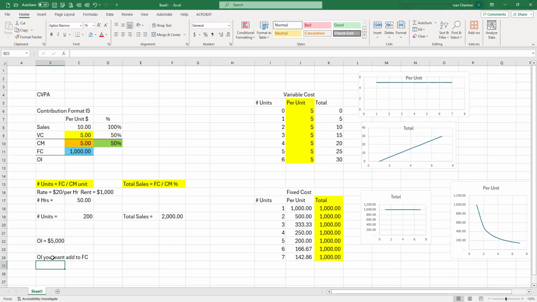Once you add it to the fixed cost, apply it in the formula and see how many units you need to sell, how much sales you need to generate to get the operating income that you want.